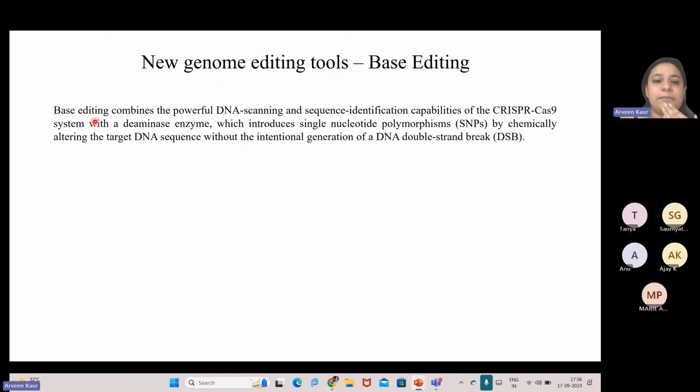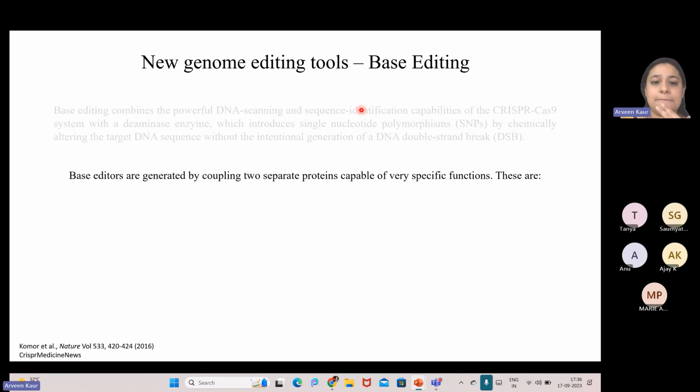Base editing combines the powerful DNA scanning and sequence identification capabilities present in the CRISPR-Cas9 system with a deaminase enzyme, which we will discuss shortly. It introduces a single nucleotide polymorphism by chemically altering the target DNA sequence without intentional generation of a double-stranded break, right? As the name suggests, it is base editing, so a single nucleotide base will be edited.